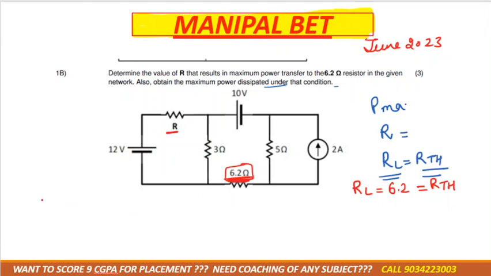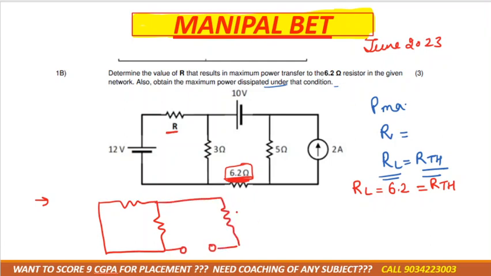Now tell me, what are the steps for the calculation of RTH? The voltage source must be short circuit or open circuit? Short circuit, right? So like this. And RL must be open circuit, right?